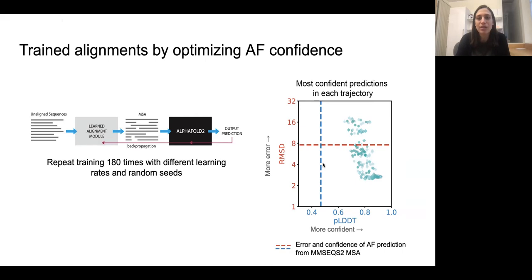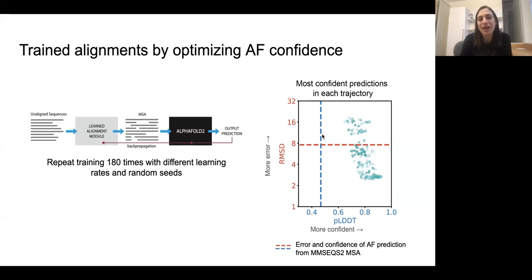This is for one protein family, and each point represents one time we did this training. The value on the x-axis is the confidence of the AlphaFold prediction at the most confident it was in the trajectory of learning, and the y-axis is the RMSD error for the prediction at that point.